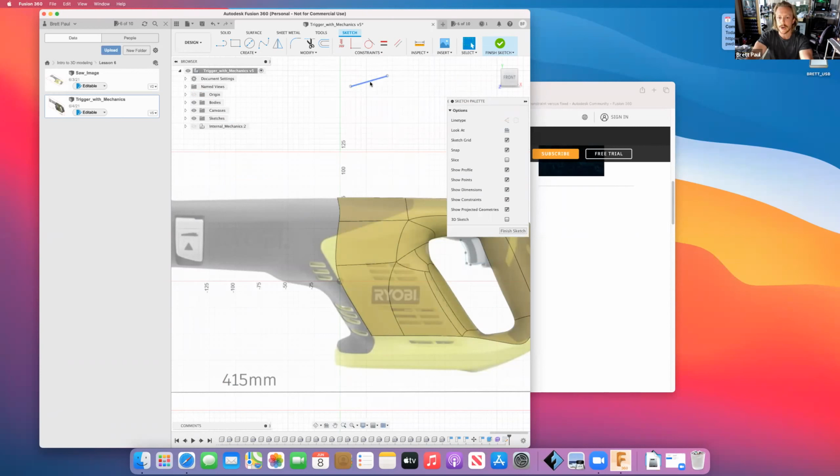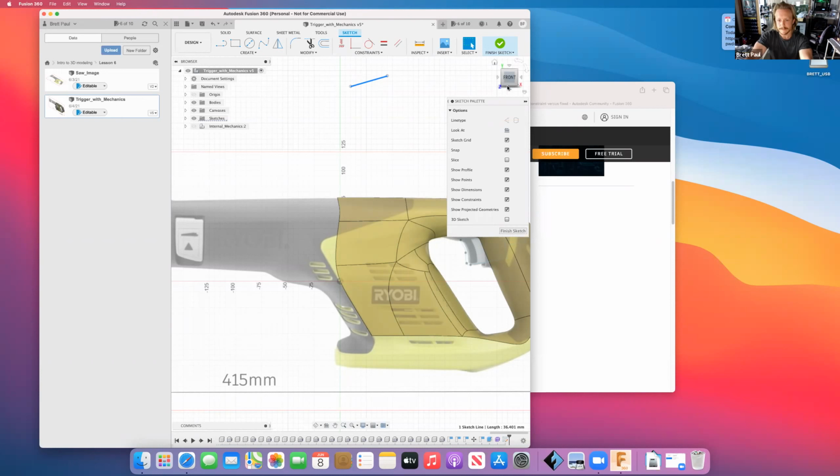By clicking on it, we have defined its location in space, but we haven't fully constrained it, and so there's still certain degrees of freedom that we can still manipulate, like the magnitude of this line. We could go in and change that.